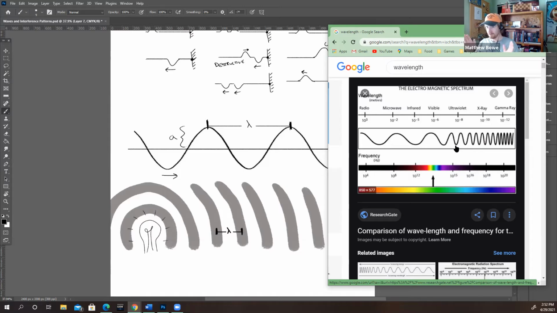If we compress the wavelength even more, there's even more energy involved with the waves. So there are X-rays. The waves are small enough and energetic enough to go through and reflect off of your bones and internal organs.